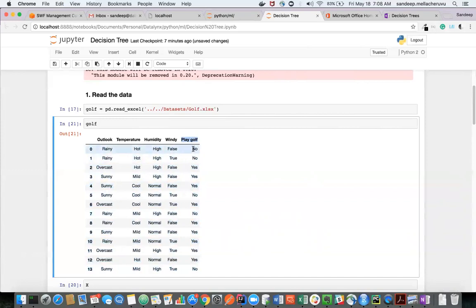Based on this, I have to count how many different classes there are and what the counts are for each of them. So there are 1, 2, 3, 4, 5 no's, and 1, 2, 3, 4, 5, 6, 7, 8, 9 yeses.